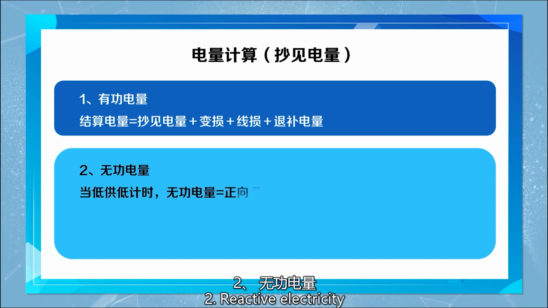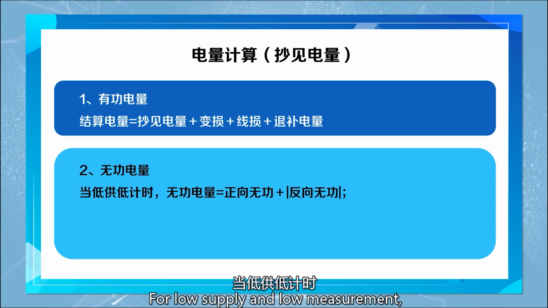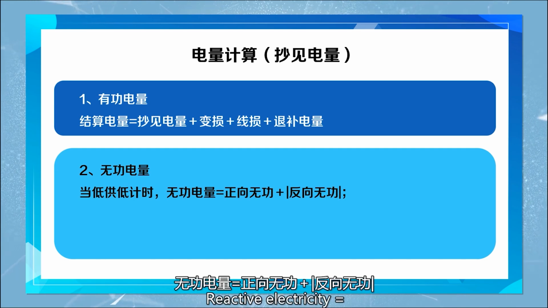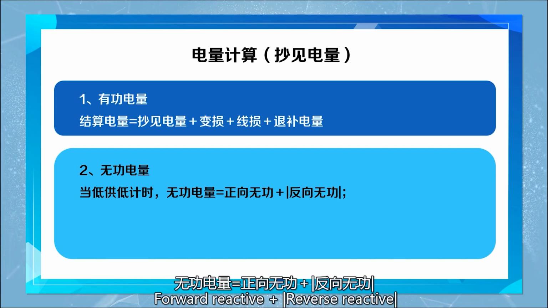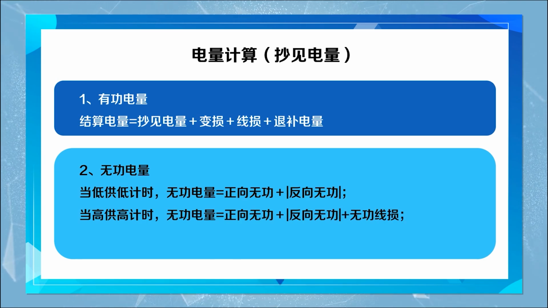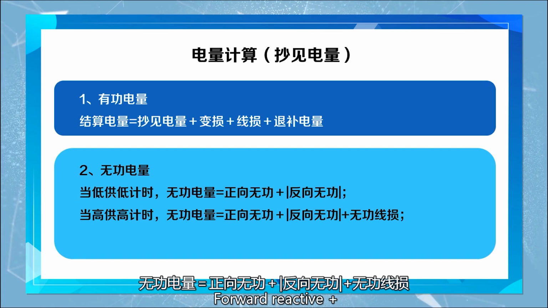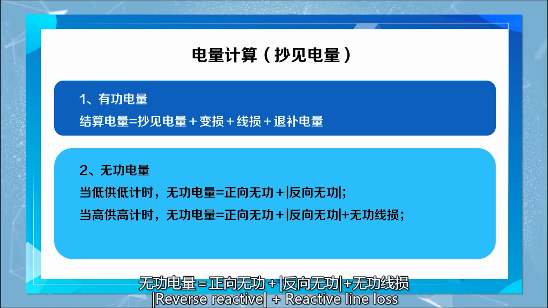2. Reactive electricity. For low supply and low measurement, reactive electricity equals forward reactive plus the absolute value of reverse reactive. For high supply and high measurement, reactive electricity equals forward reactive plus the absolute value of reverse reactive plus reactive line loss.